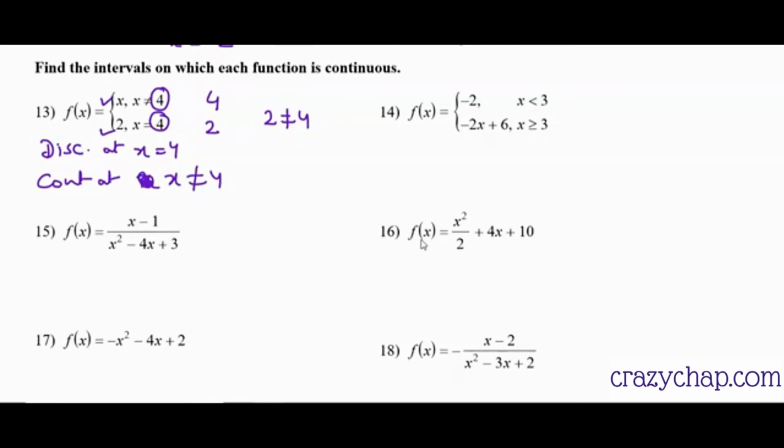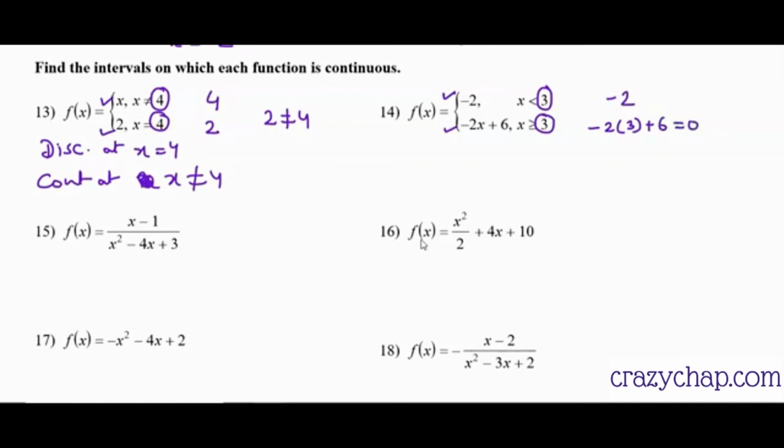f(x) is -2. This is also a linear function, and this is also a linear function. So they must be continuous before 3 and after 3. Our only point is to check what happens at 3. At 3 this function is -2, and now we'll check the second function. The second function is -2 times 3 plus 6, we get 0.